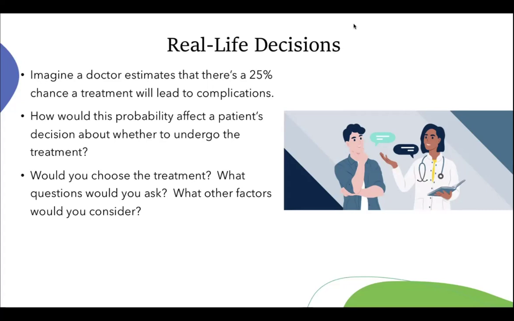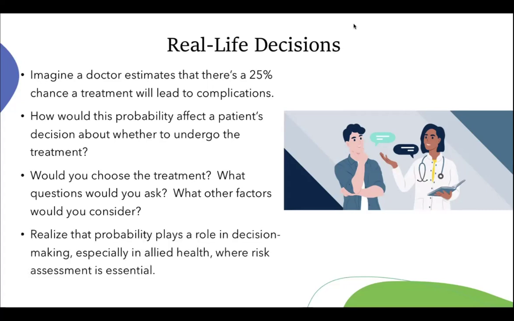What other factors would you consider? Realize that probability plays a role in decision making, especially in allied health, where risk assessment is essential. The topic of probability, which we are just introducing in this lecture, really plays a very important part in all of statistics.